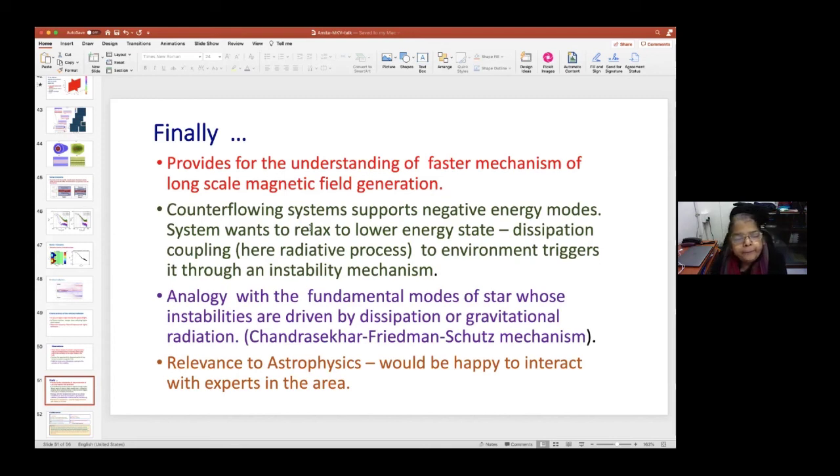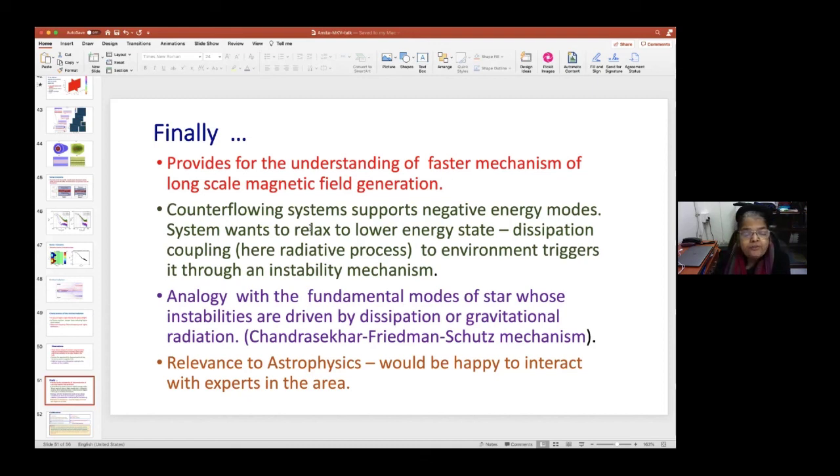And the system wants to relax to a lower energy state, as I had already mentioned. So the dissipative coupling through radiative processes helps the instability to grow faster.